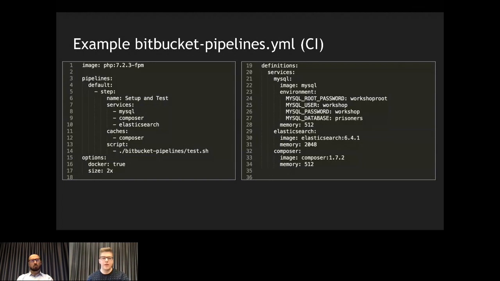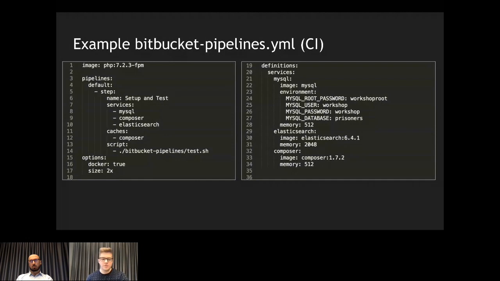We say that we will use the services MySQL, Composer, and Elasticsearch. We define our cache for Composer. So we define our caches array, and then we say that we want to run the test.sh script from the Bitbucket pipelines directory. This will be the script that will be executing each time that step is running, so basically each time you make a change to the repository.